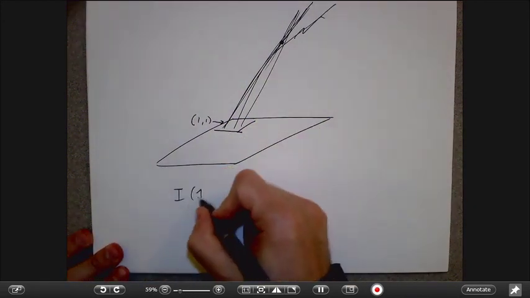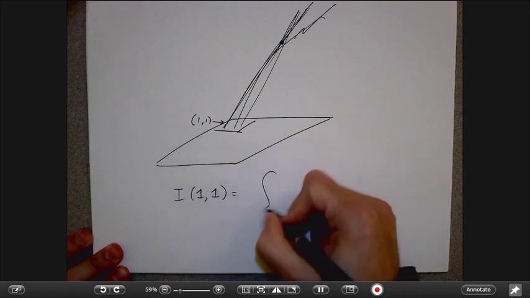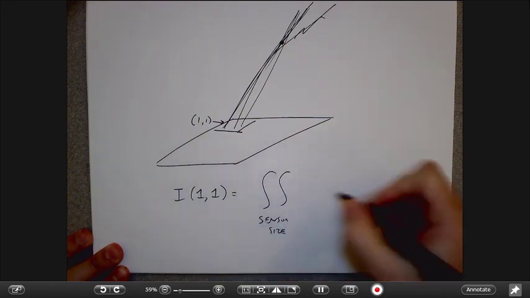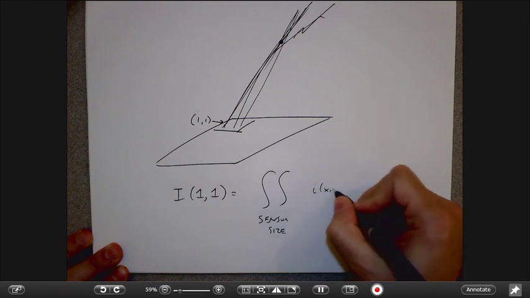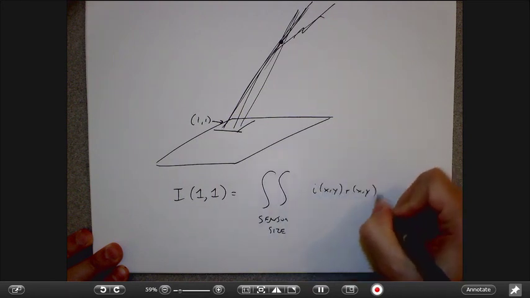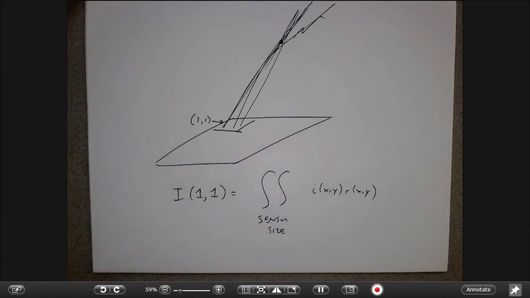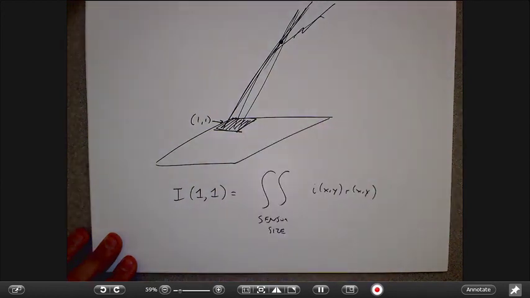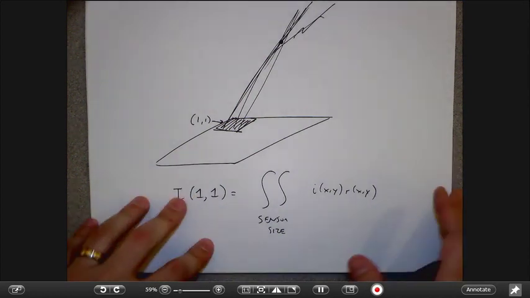Fundamentally, the 1, 1 value is like the integral over the sensor size of all of this illumination and reflection corresponding to a whole bunch of little objects in the scene. So we're thinking about 1, 1 as being this block. You don't necessarily have to worry about it being centered. Again, if you find yourself getting confused, just let me know. We'll figure it out.